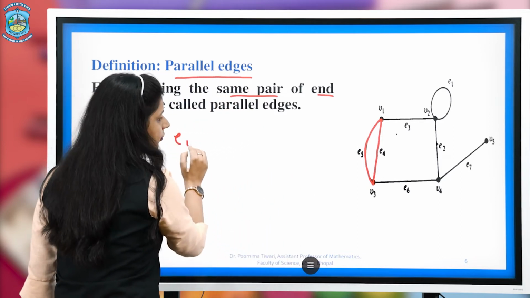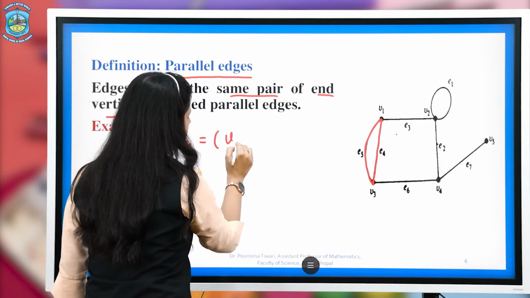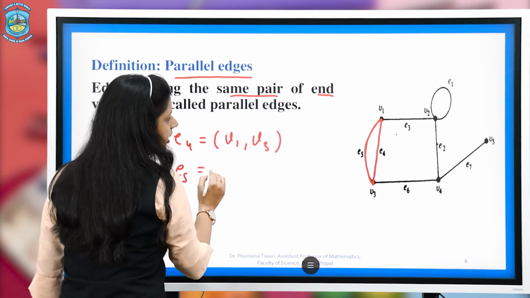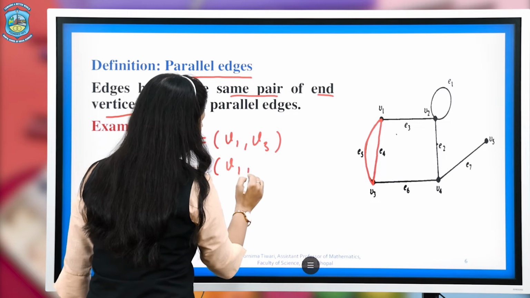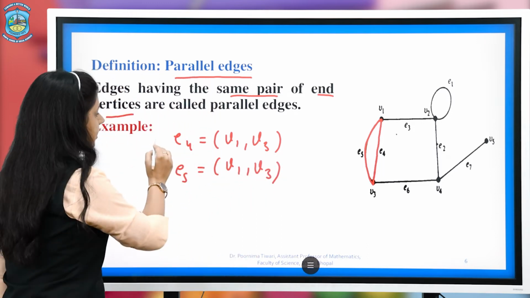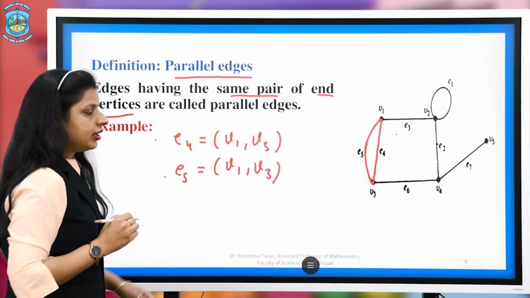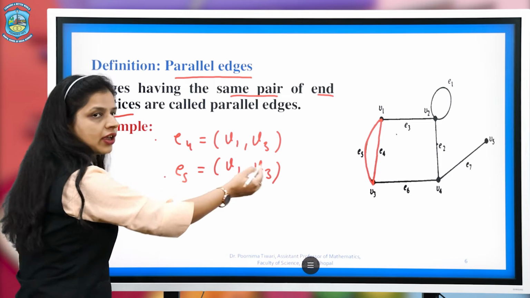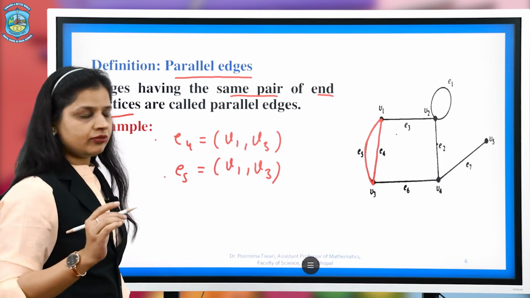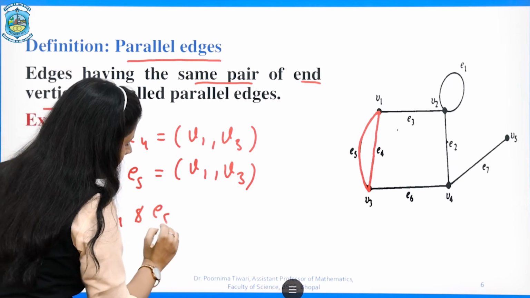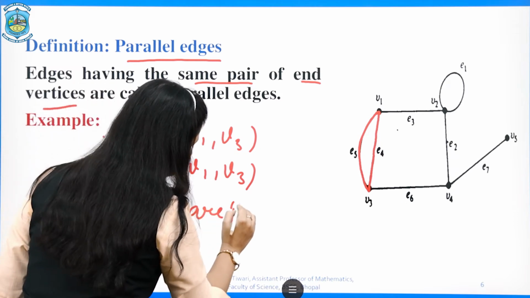So, edge E4 lies between the vertices V1, V3. Edge E5 lies between the vertices V1, V3. Edges E4 and E5 are both identified by same pair of end vertices V1 and V3. Therefore, E4 and E5 are parallel edges.